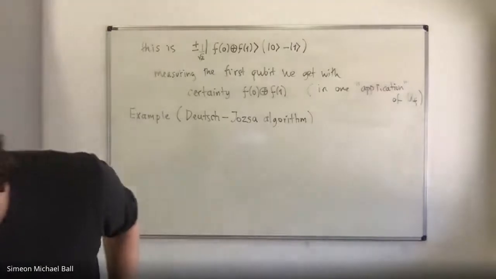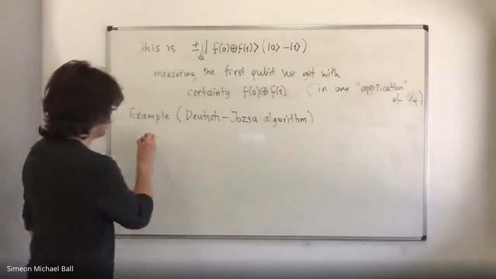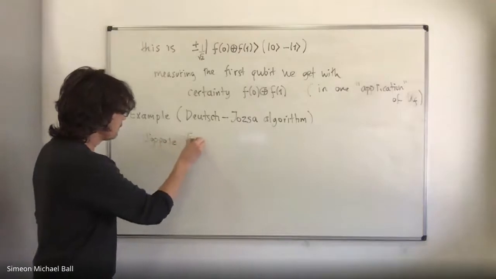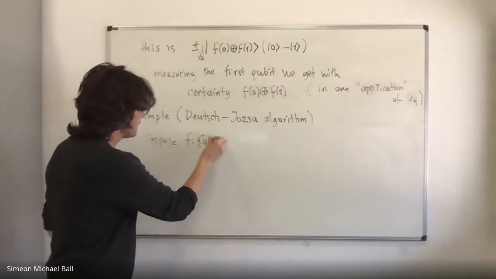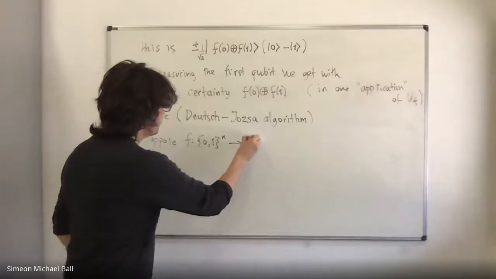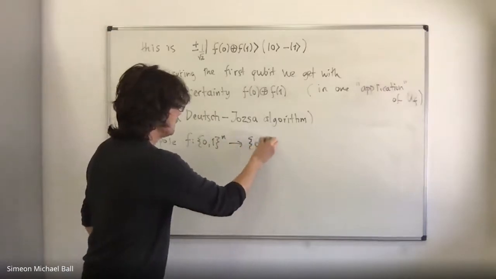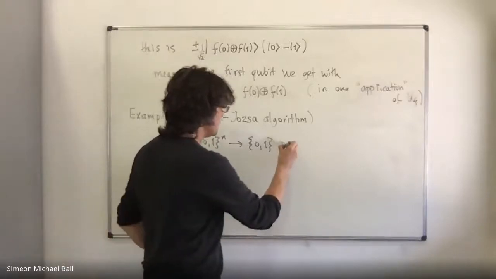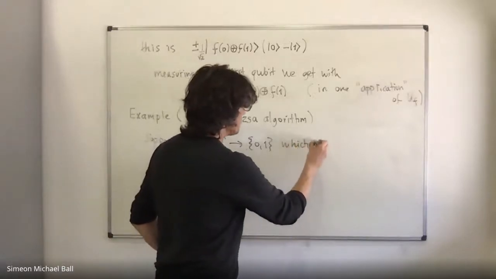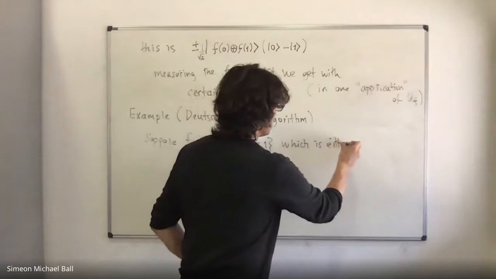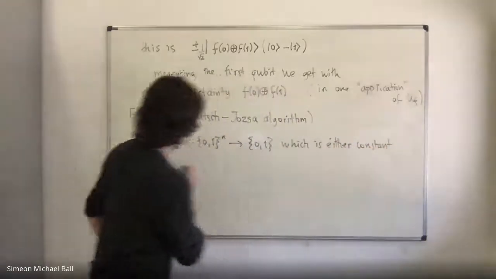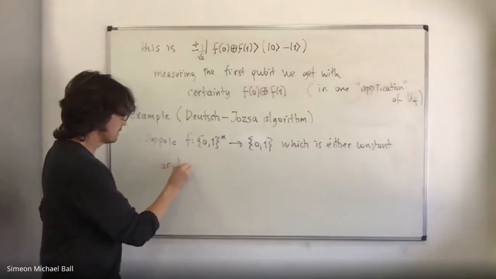Okay, so now we've gone from 1 to n, so suppose we have an f from {0,1}^n to {0,1}, and we know something about this f. Imagine that we know it's either constant or balanced.